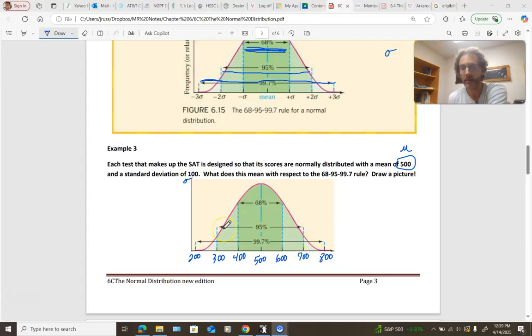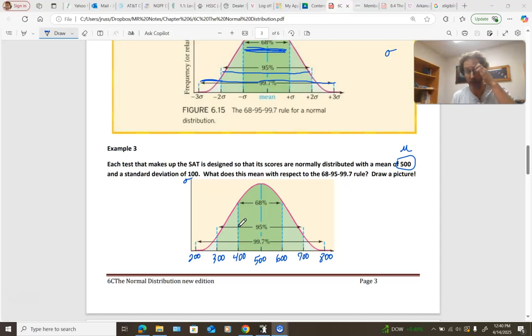And we also talked about using this 68, 95, 99.7 rule, that we can talk about what percentage of the distribution will be within one standard deviation of the mean, within two, or within three.